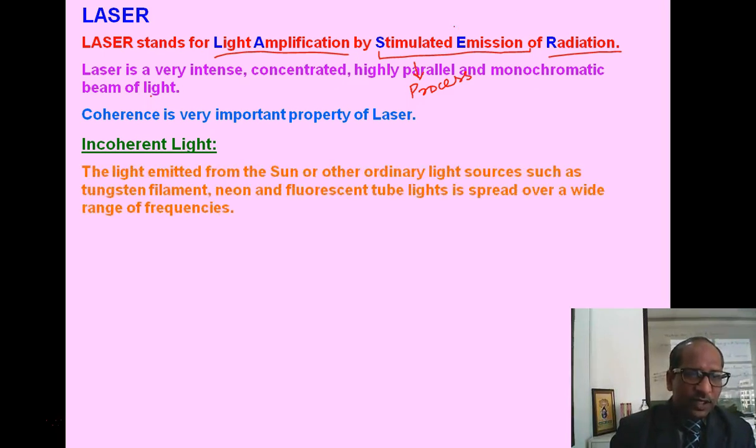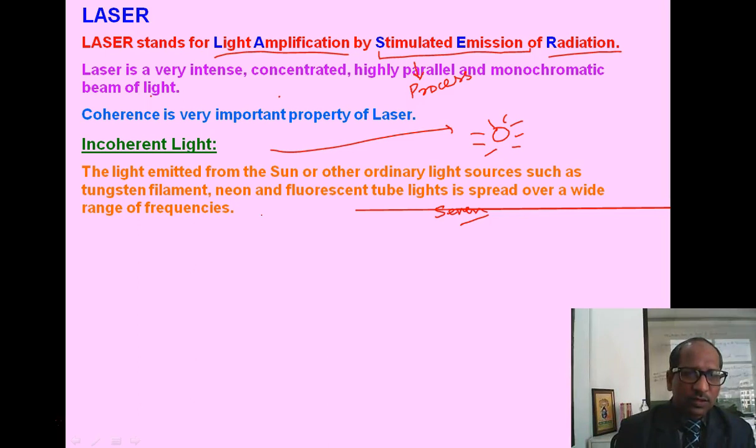Incoherent means the light emitted from the sun or other ordinary light sources such as tungsten filament, neon and fluorescent tube light is spread over a wide range of frequencies, basically in the visible spectrum. So 7 colors remain there. So a normal bulb and sunlight are examples of incoherent light.